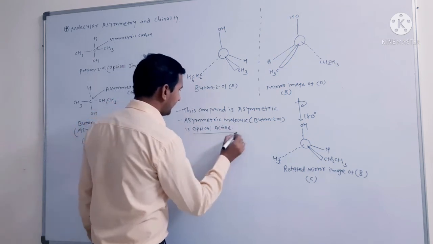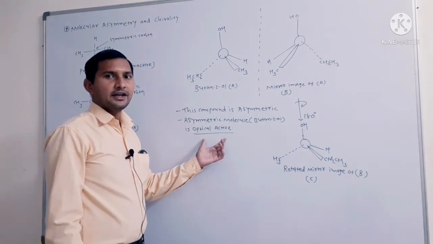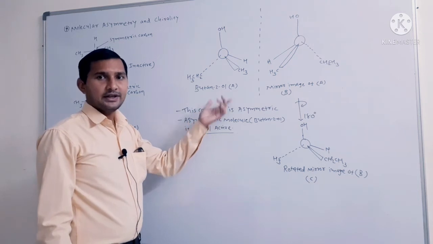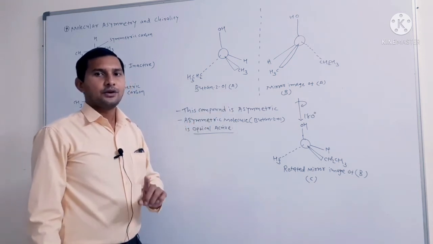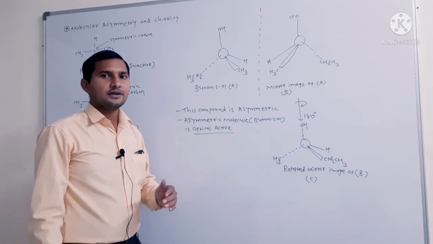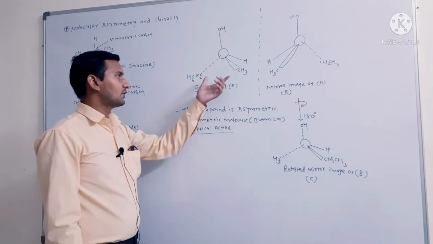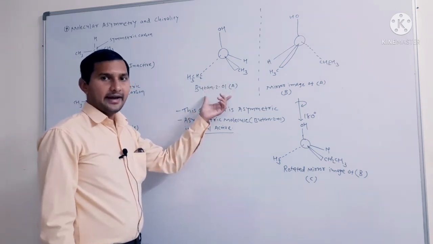What is optically active? Optically active means if we prepare an aqueous solution of butan-2-ol and place it in a polarimeter instrument, then plane polarized light shifts either towards the right hand side or the left hand side. So we can say the aqueous solution of this compound butan-2-ol is optically active.